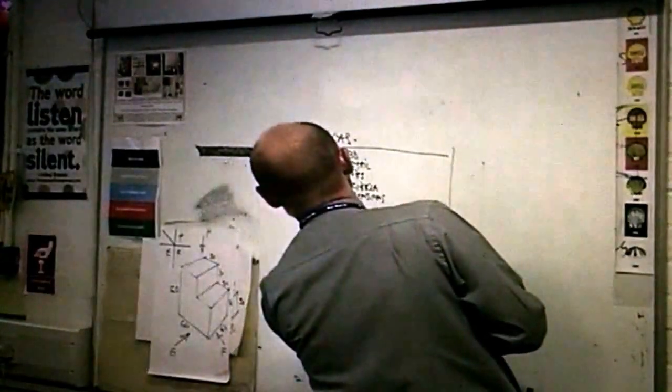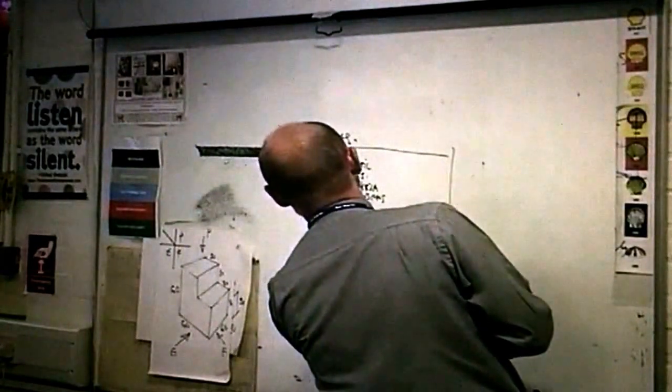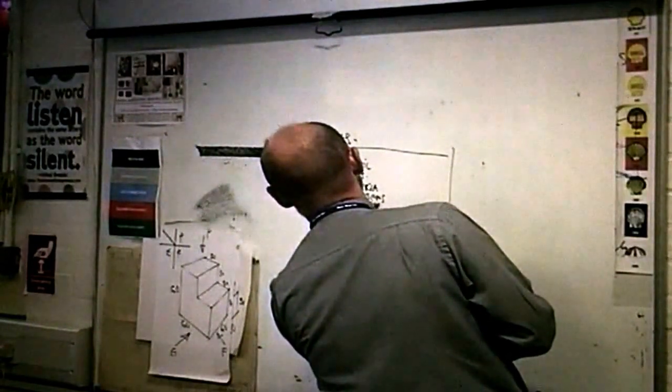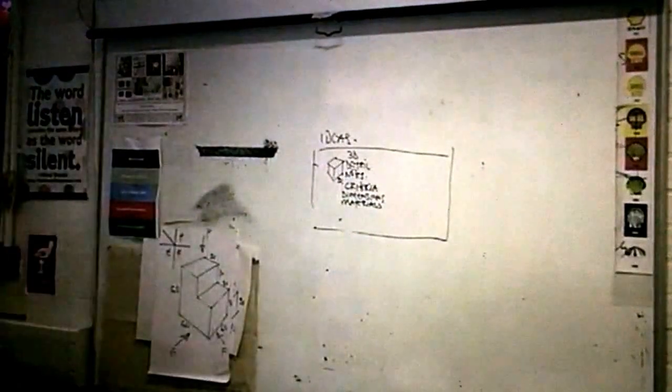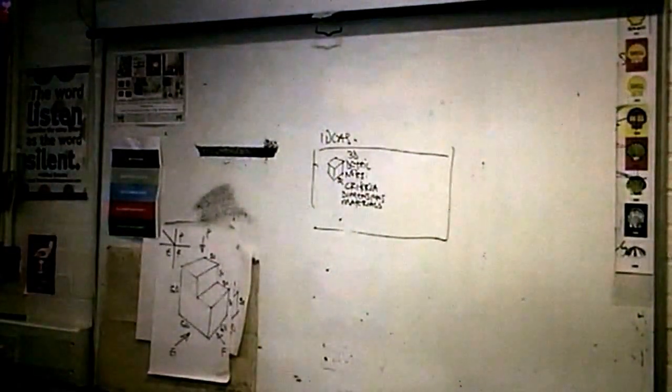Well, let's make that slightly more specific and think about materials. So when we're making something, do we not think about what we're going to make it out of? Okay. So we're going to want to think about materials.